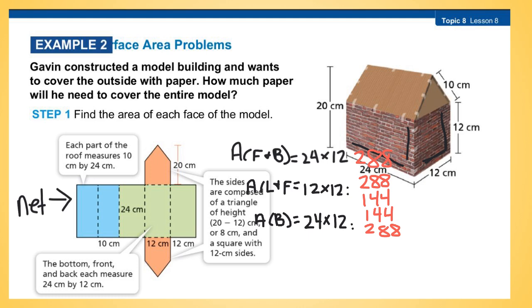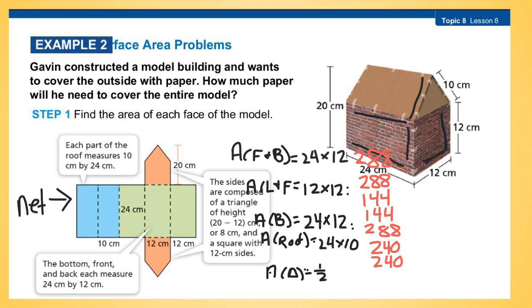And now I need to do the roof. So the area of the roof, this is 24 by 10, or 240, and I have a front panel and I have a back panel. And then I have 2 triangles on either side. And the area of a triangle is half the base, which is 12, and the height.